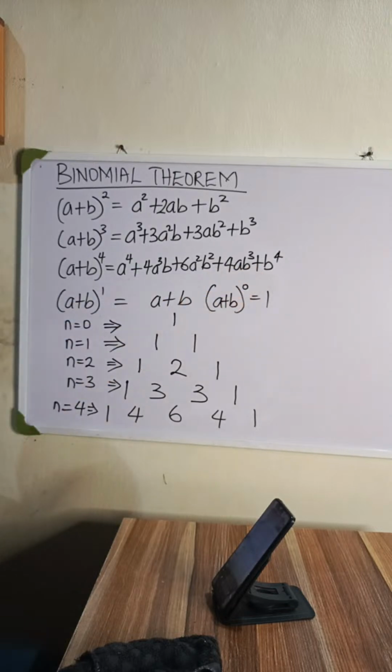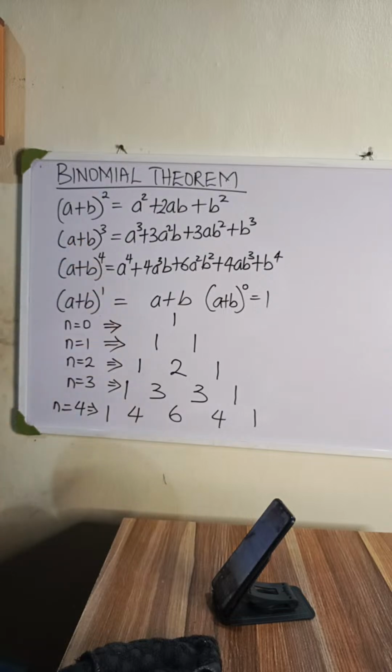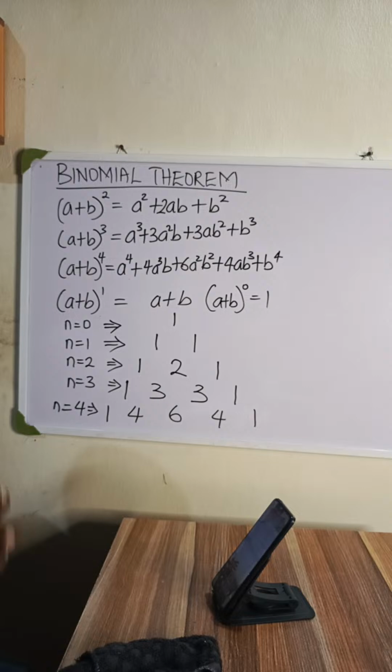So what we did at the beginning was we expanded those binomials, and then we are using them to see a pattern that we can use for the binomial theorem. Okay? We are trying to establish a pattern.